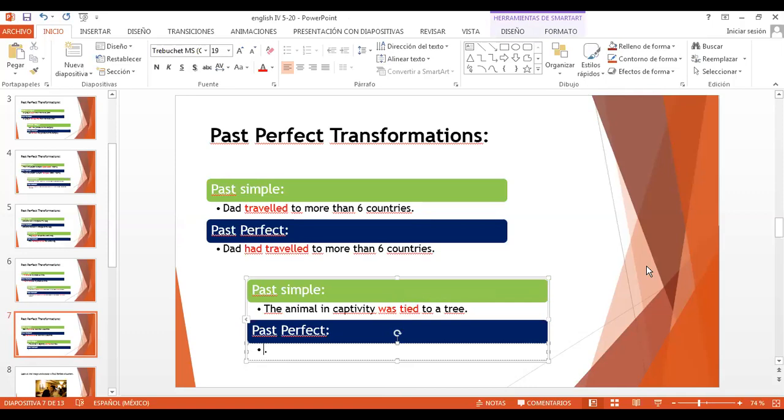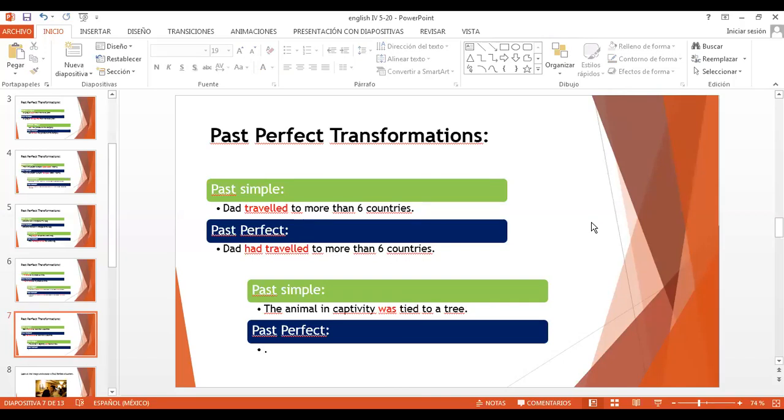In this case, the only action that is active is this one. La only action que está activa es was. Tied quedaría exactamente igual. Porque es parte de la oración, pero no tiene ese impacto sobre el subject. Queda igual. So, was is the only change that we're making.